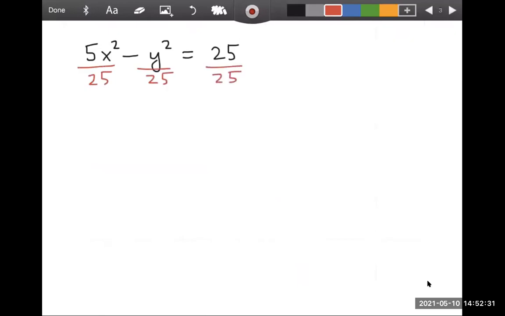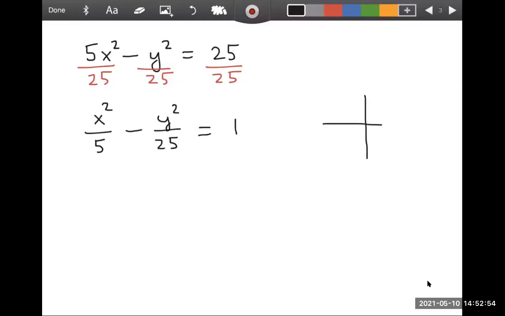And that's going to give me x squared over 5 minus y squared over 25 equals 1. This equation has the form x squared over a squared minus y squared over b squared equals 1. So that is a hyperbola that opens to the left and to the right.